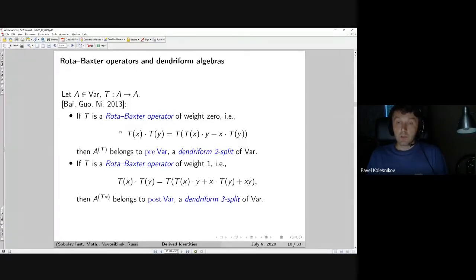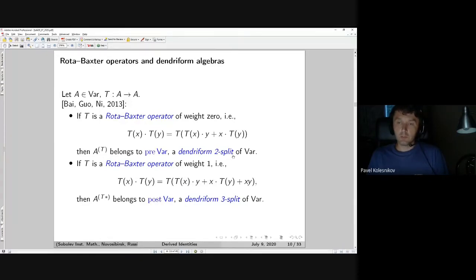Then the algebra A_T, obtained as before, belongs to the class of so-called pre-Var algebras, those obtained by the so-called dendriform 2-split of Var. This dendriform 2-split is a canonical procedure.